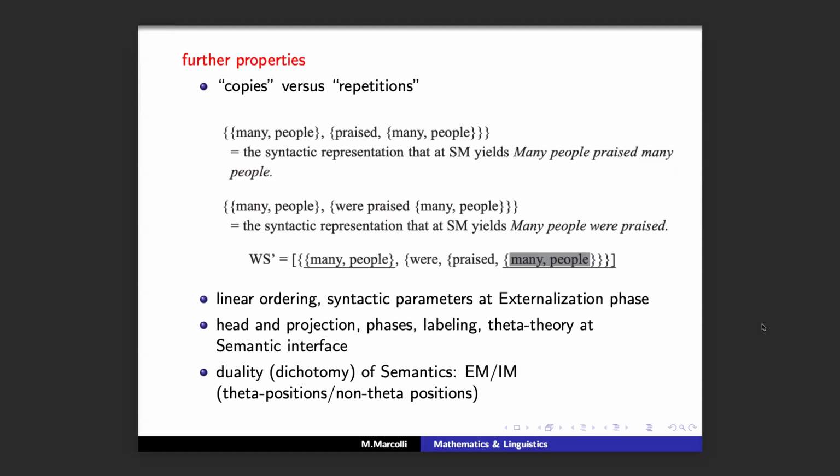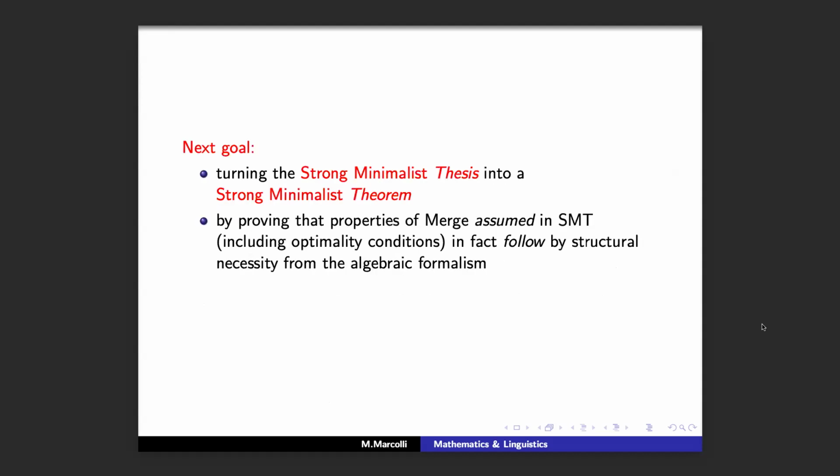These are all things that I described in these papers and this book from last year, that I worked on over the last 10 years. So this is a very quick bird's-eye view of the ingredients of the linguistic model. And the goal for the next bunch of lectures will be to try to turn this idea of the strong minimalist thesis into a natural theorem, where everything is more mathematically describable.